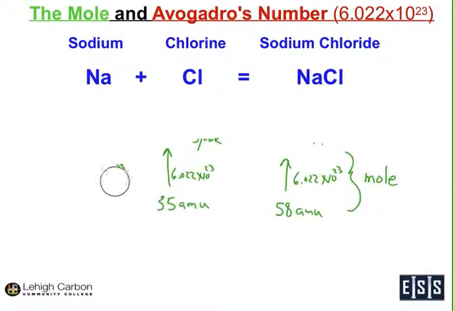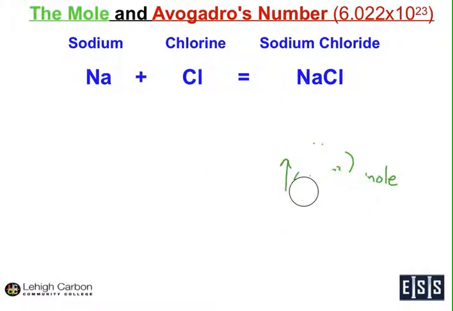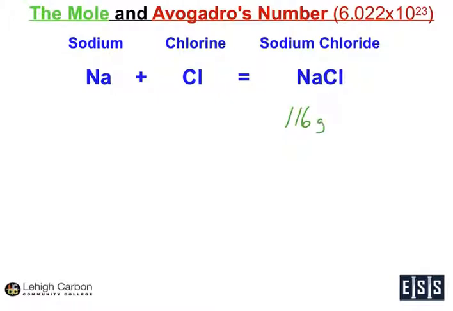Let's say we wanted to make some sodium chloride in the lab. Let's say we wanted to make 2, so 58 times 2 is 116. If we wanted to make 116 grams of sodium chloride, how do we do it? How much sodium and how much chlorine do we need?